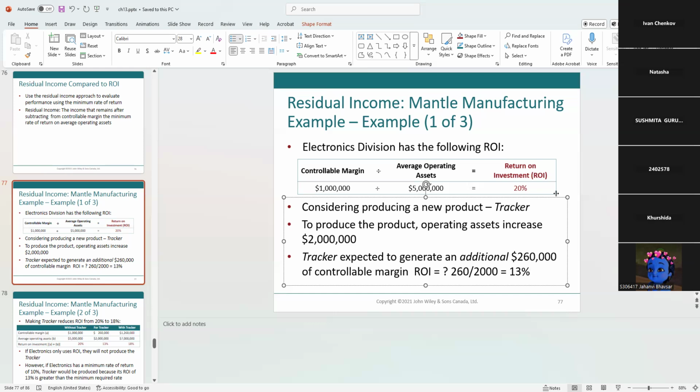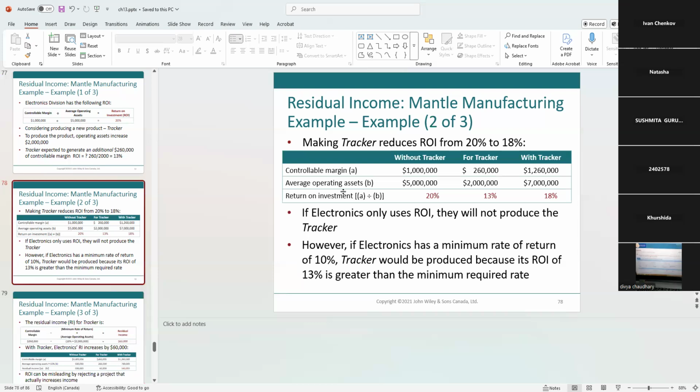So if the company is using their internal return on investment of 20%, would they invest in this project? The return on investment up to this point is 20%. This project, if they go, is going to give them 13% only. Would they invest? No. So, currently, without that project, they're generating 20%.